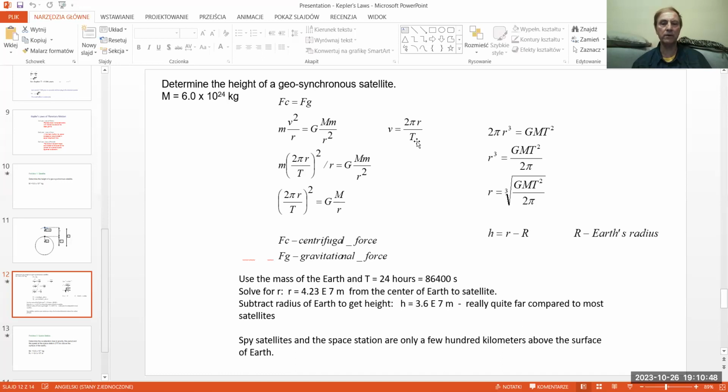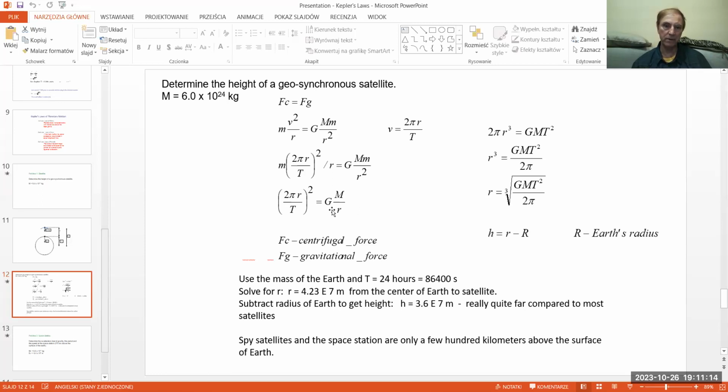First of all, we need to apply this formula for the circular velocity, 2 pi r divided by T. This formula is taken from the circular motion again, and plug it in for v. Okay. Then what is possible?